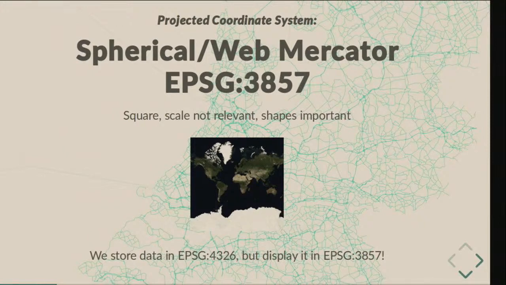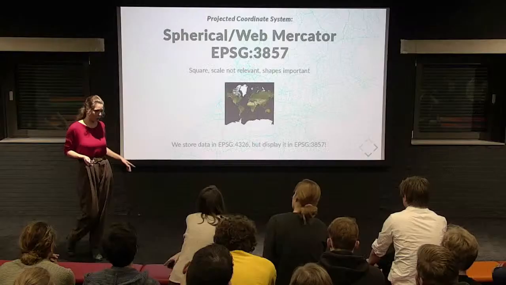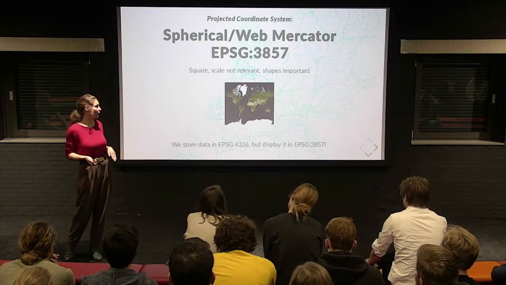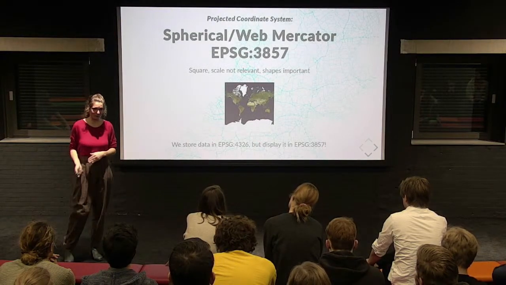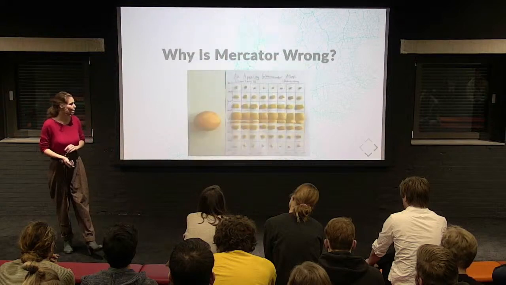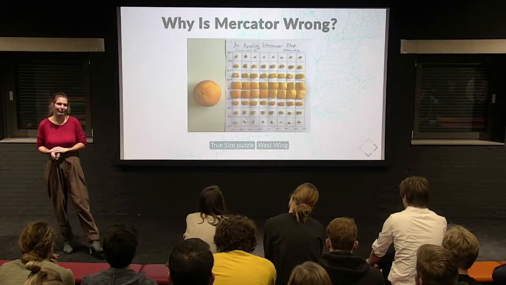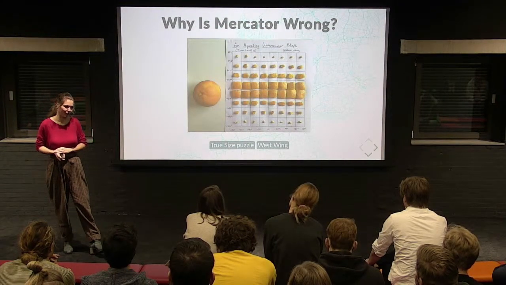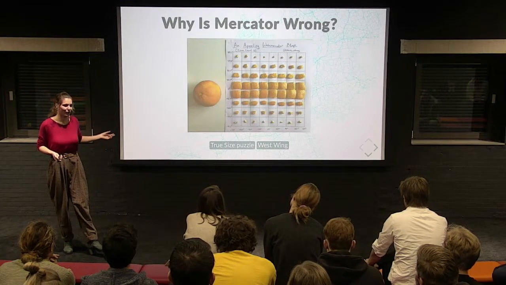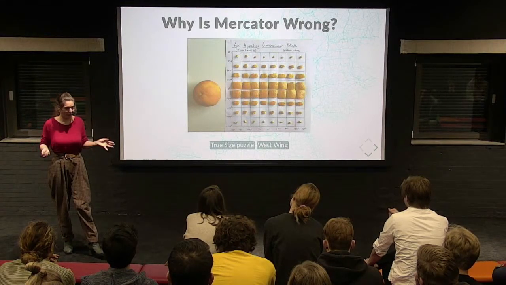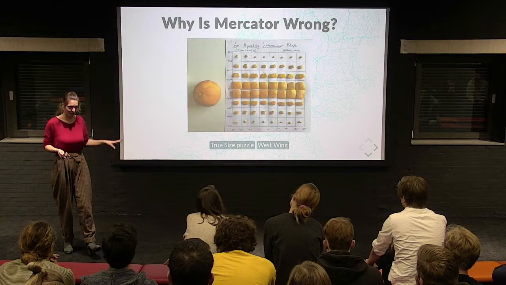So what we do if we have geodata, we store it in a WGS84 coordinate system, and we show it in a Web Mercator projection. And actually, Web Mercator is really, really wrong. Imagine the world as an orange, and you have to peel off the peel, and you put it on a square grid.